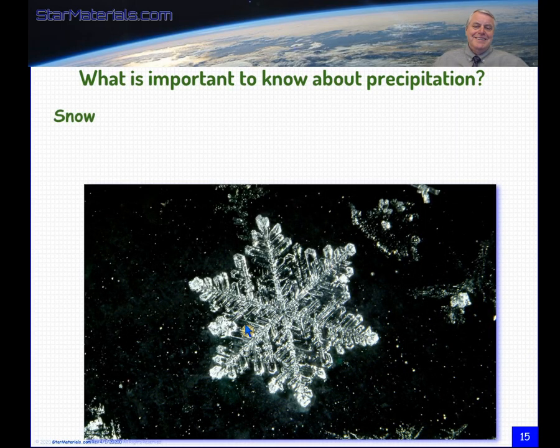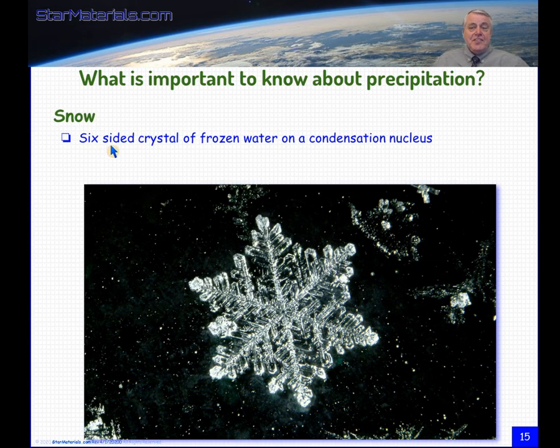Snow. It's a six-sided crystal of frozen water on a condensation nucleus. Somewhere in the center there is a condensation nucleus, a piece of dust, a piece of pollen maybe. Water vapor condenses from a gas directly to a solid.